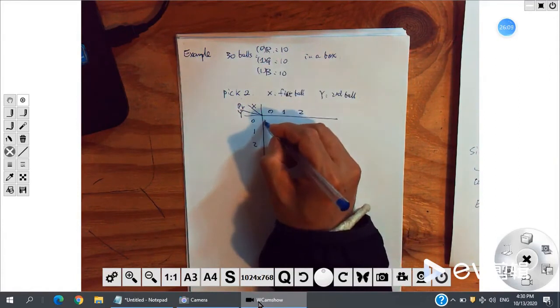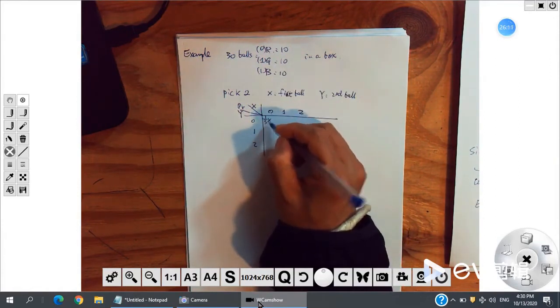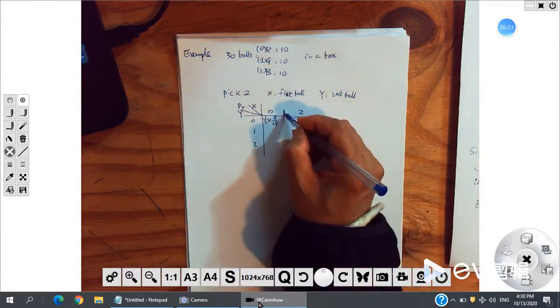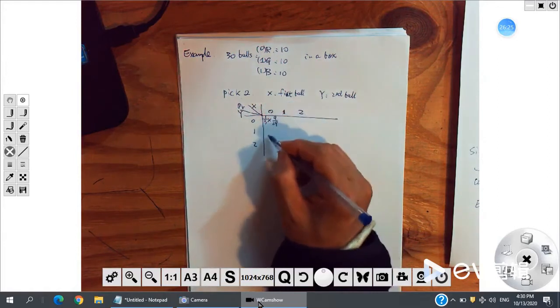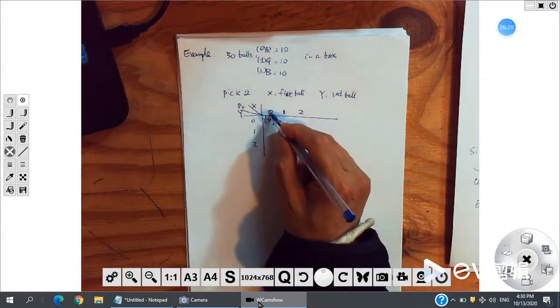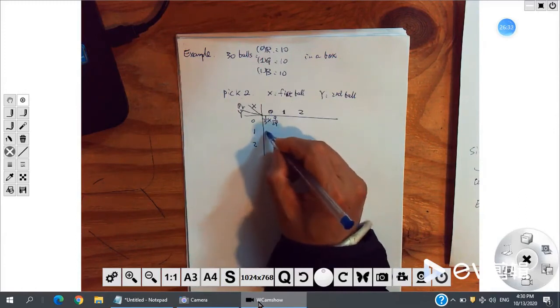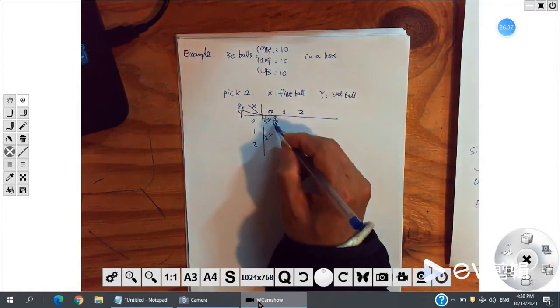So this is 1/3. The first bar is 1/3 possible, and the second one will be 9/29. Now, when the first bar is red and the second bar is green, the probability is 1/3 for the red bar, and for the second factor you still have 10 green bars, right?